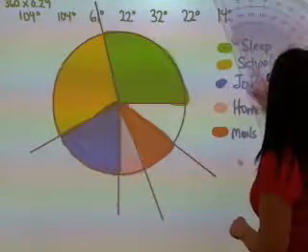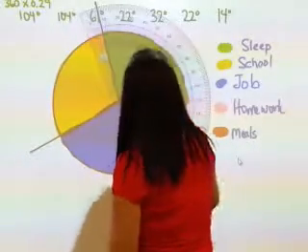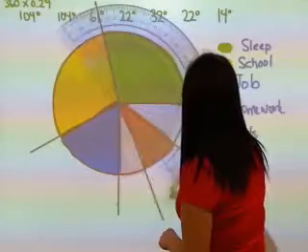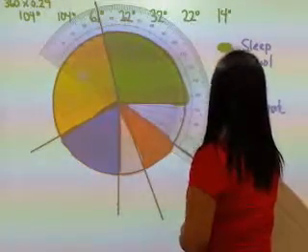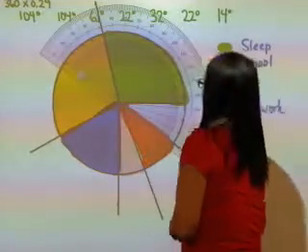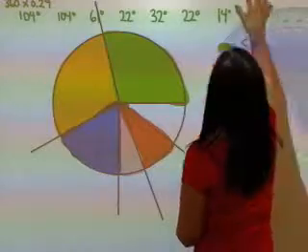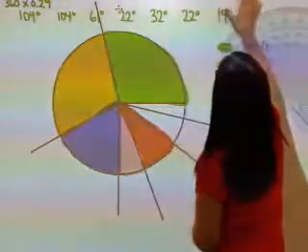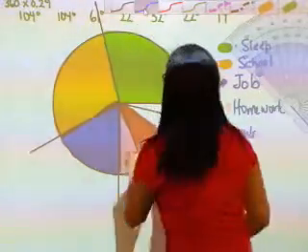And then again, I have my 22 degrees. I'm going to color it in. I think this time I'm going to use a thinner marker.